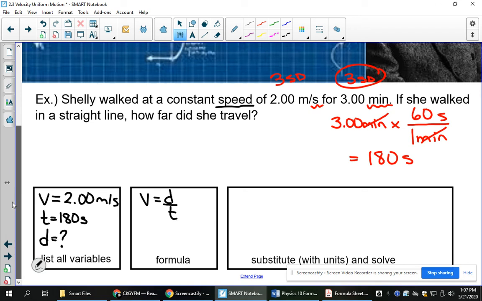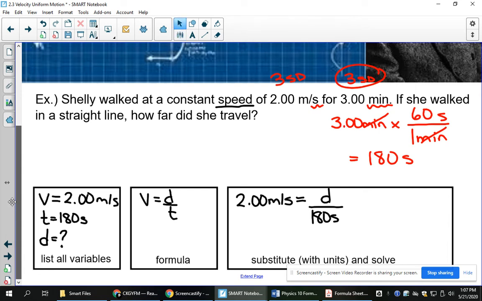Now I can sub my numbers in. Here's my speed. D I don't know. And T is 180 seconds. Now, what would the algebraic step be here to get D by itself? Well, if we wanted to get rid of the 180 and it was being divided, we'd have to do the opposite.